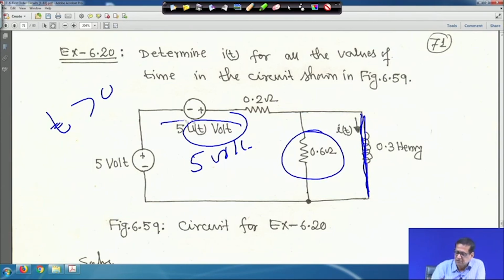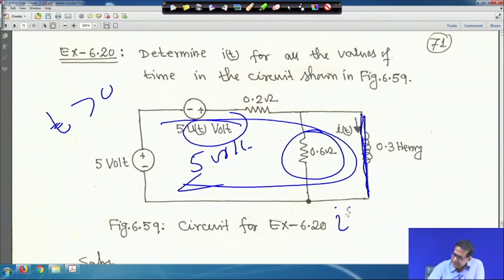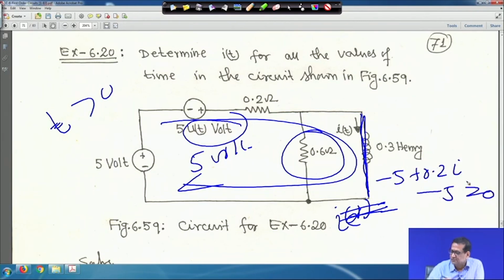So, current will flow like this. In that case your I(infinity), the steady state value, if you apply KVL here, I am writing for you. It will be minus 5 plus 0.2 into I, again minus 5 is equal to 0.